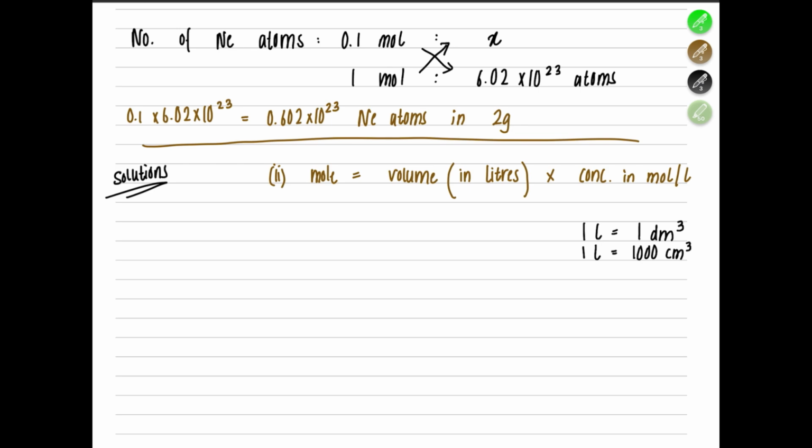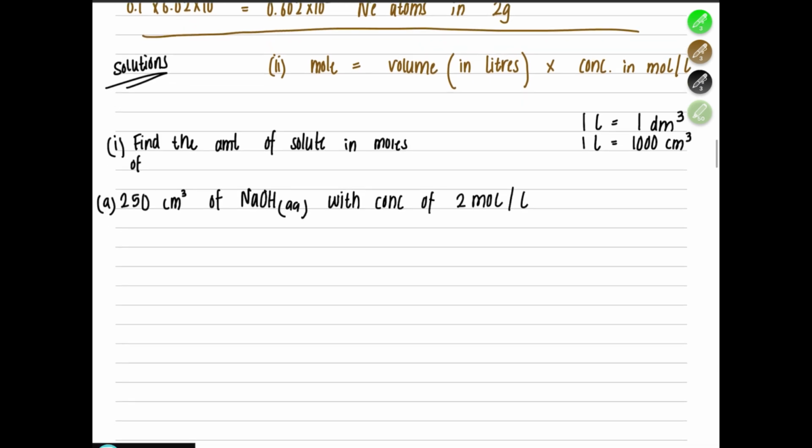Let's look at one example. Okay, so what is our formula? Formula is volume times concentration. Moles is going to be volume 250. Make sure to divide by 1000 to convert this into decimeter cube or liters, multiplied by 2, which gives 0.5 moles.